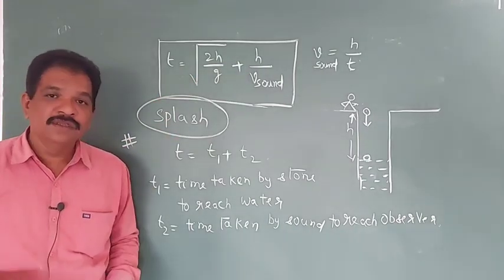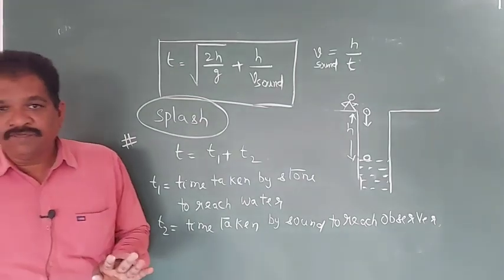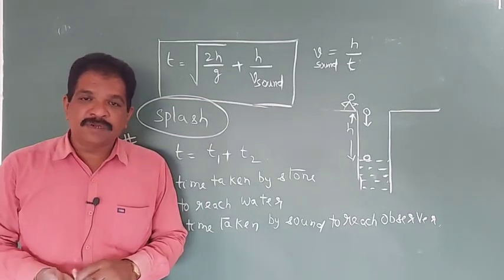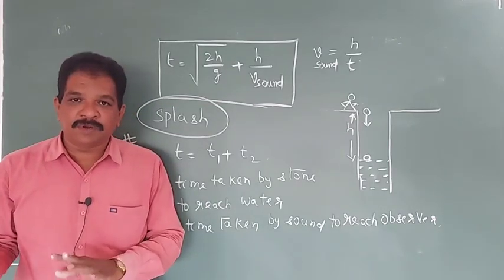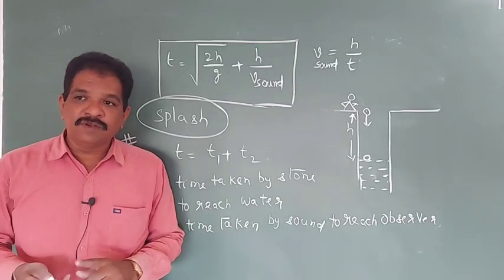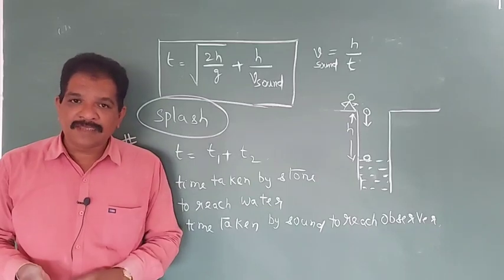With this, freely falling body is completed. Totally 4 parts are completed. What is the first part? Distance, displacement, problems on that, shortcuts on that. The second one is speed, velocity, average velocity, acceleration.